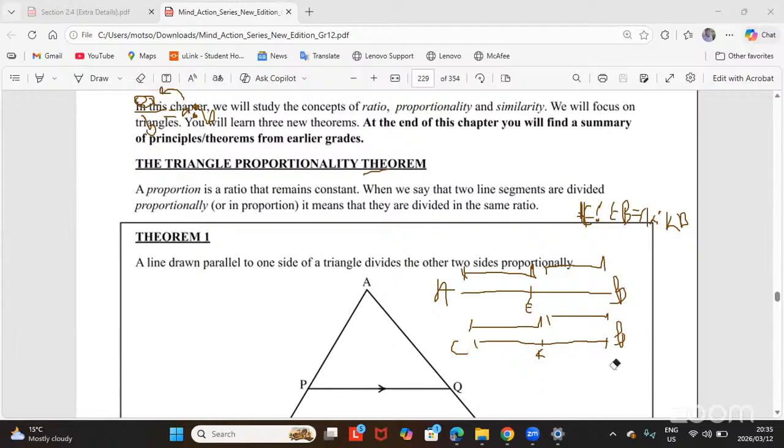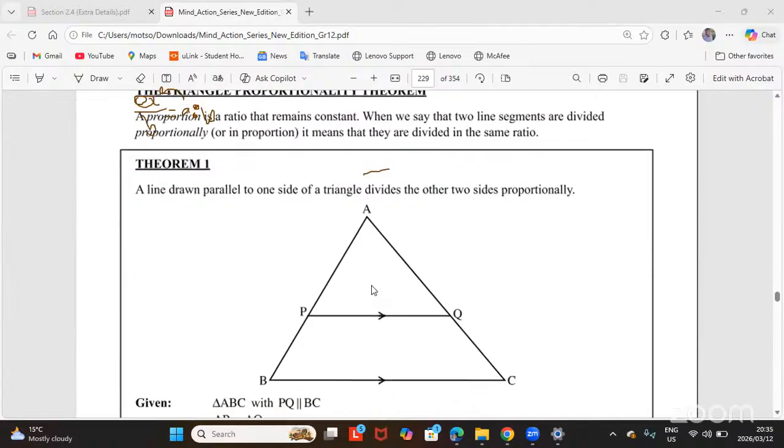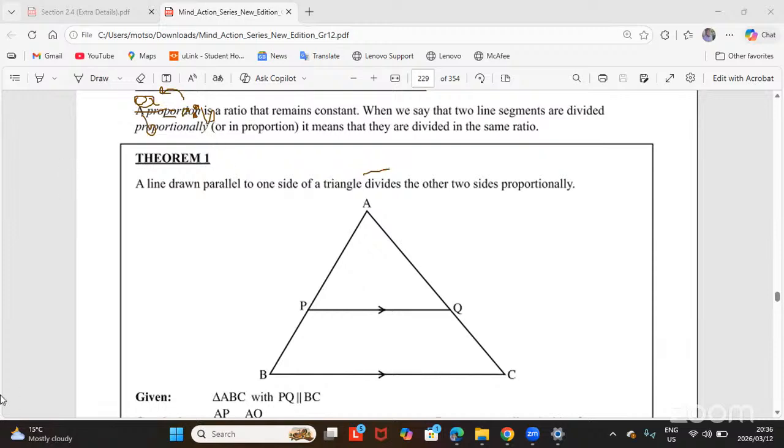Now let me erase this demonstration of mine here. Fine. Now we can go to theorem one that I am having here. Let me scroll. Let me also erase these things here.